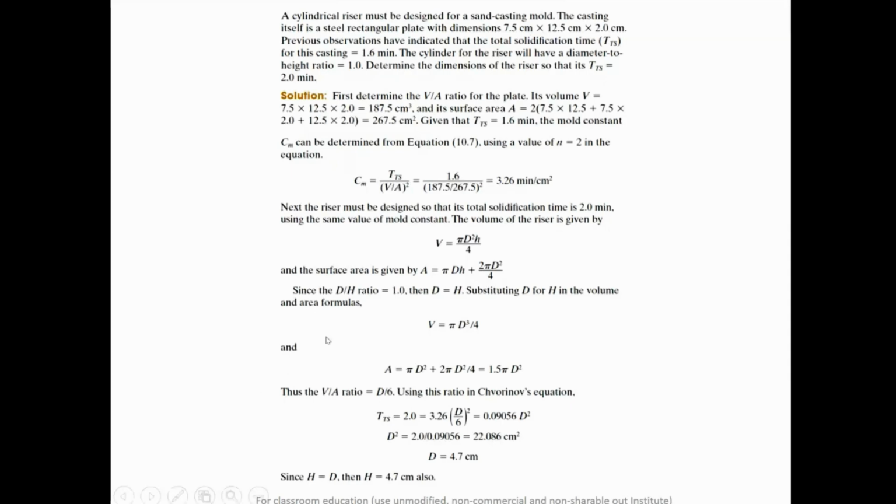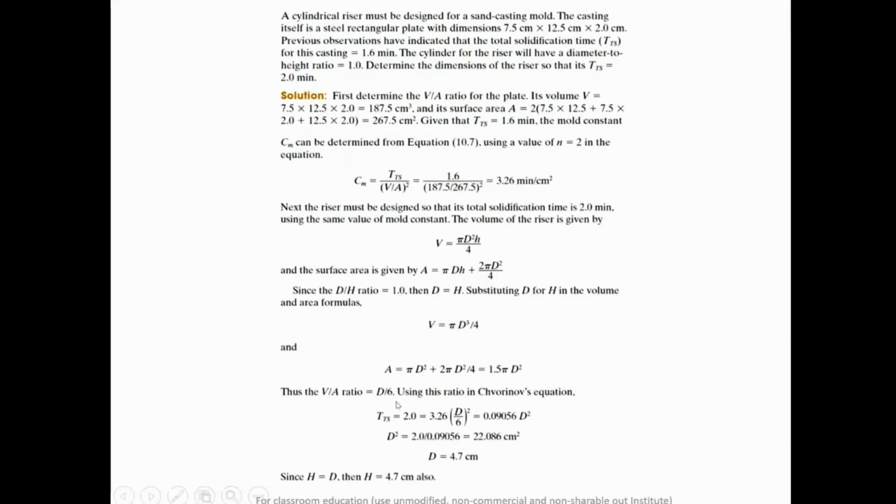We have already fixed the d by h ratio of the riser to 1. If you substitute d equals h, you get V equals pi d cubed by 4 and area equals 1.5 pi d squared. Thus V by A comes out to be d by 6.